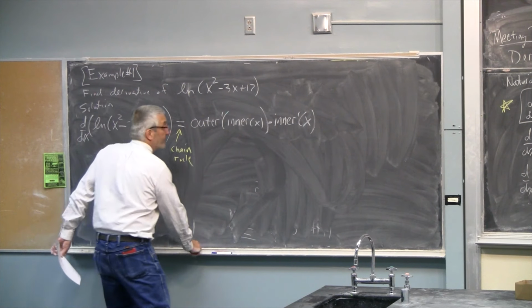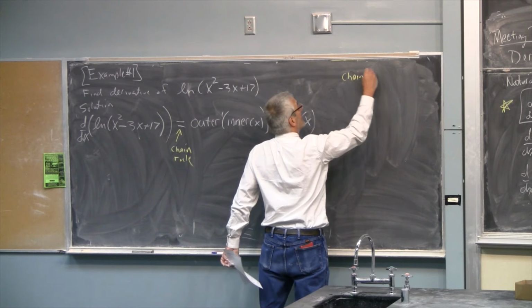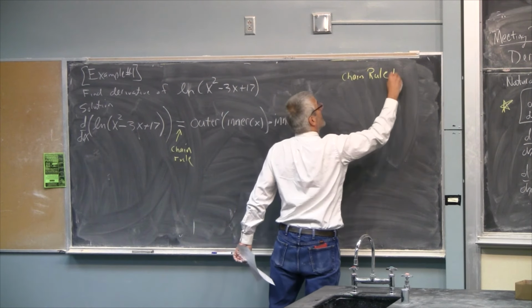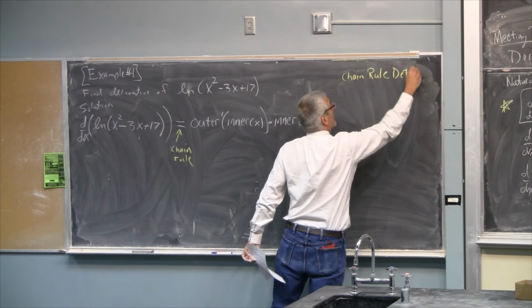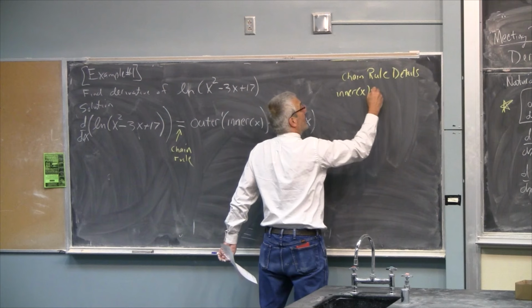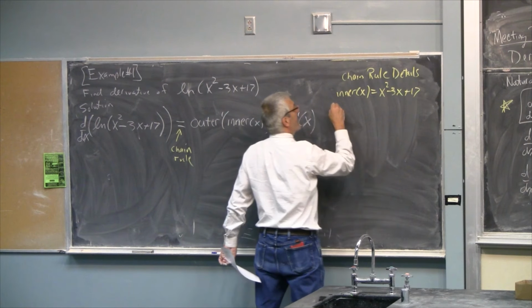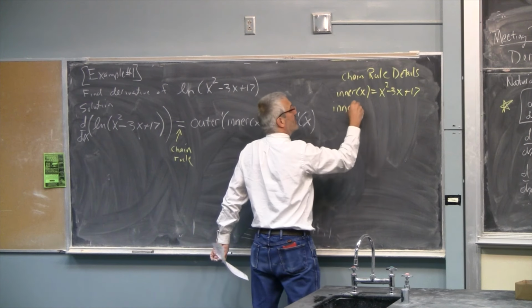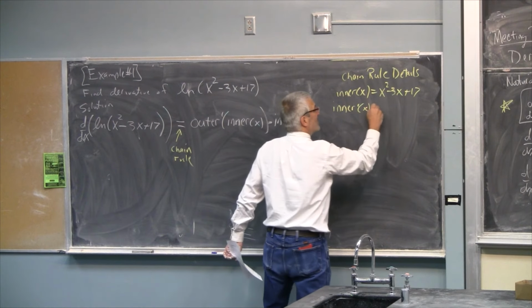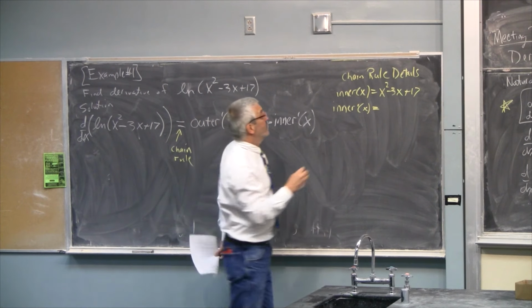So let's do the chain rule details over here. So my inner function is x squared minus 3x plus 17. So who can help me out here? What's my inner prime? (2x minus 3).